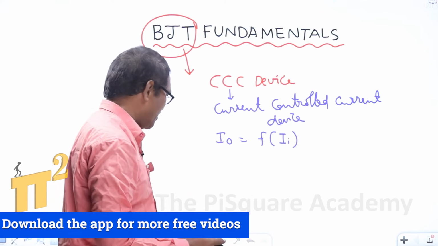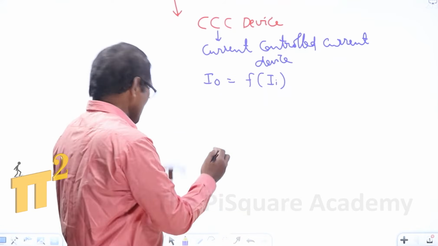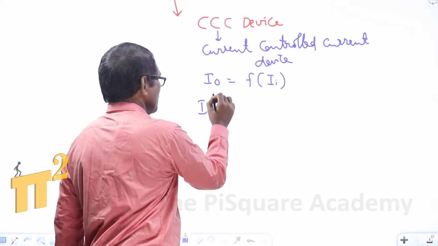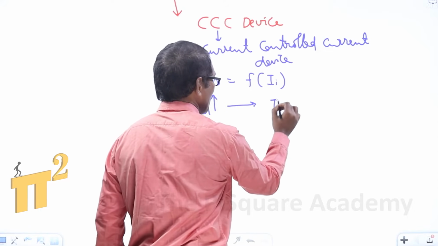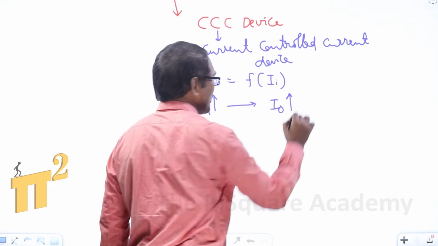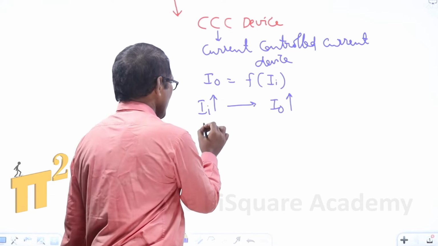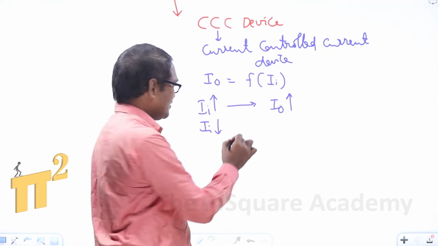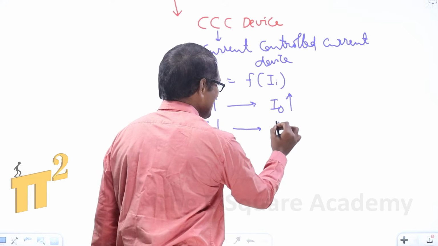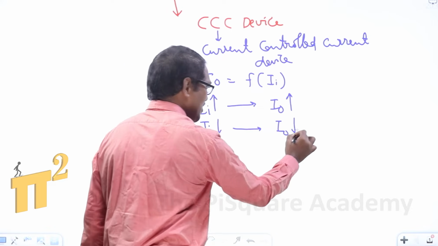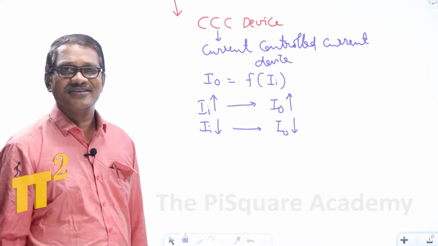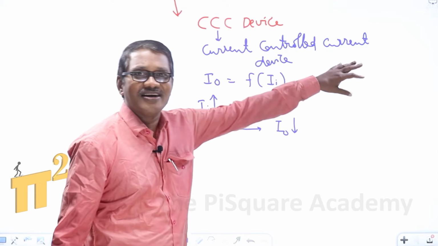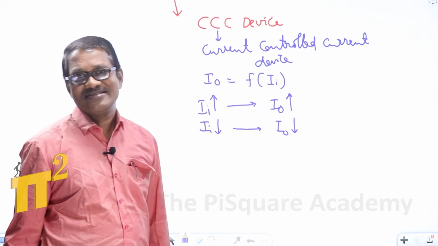That is the reason why it is called a current controlled current device, triple C device.